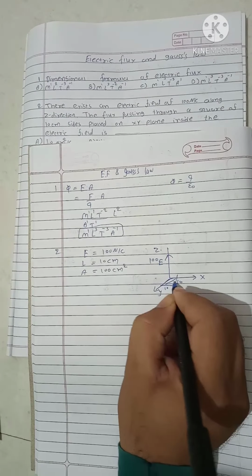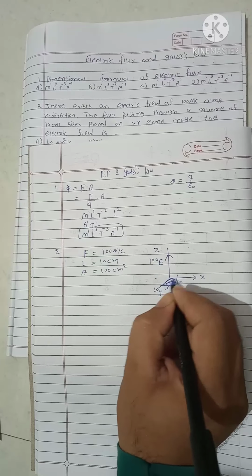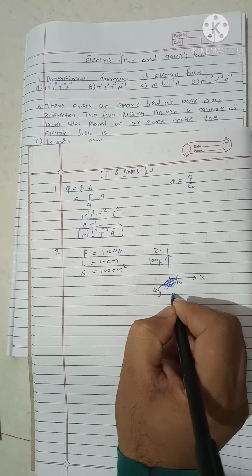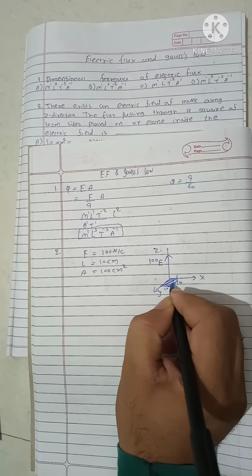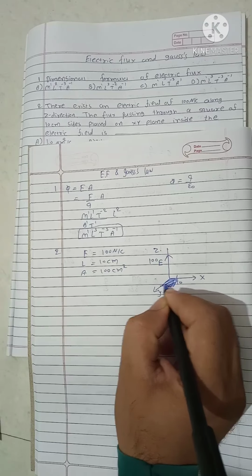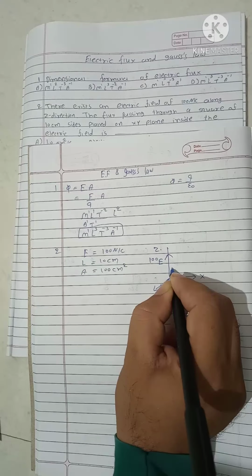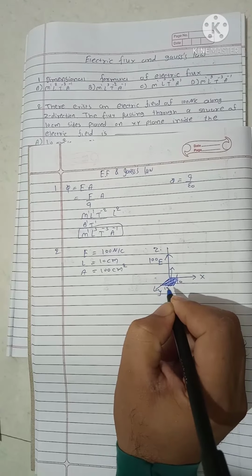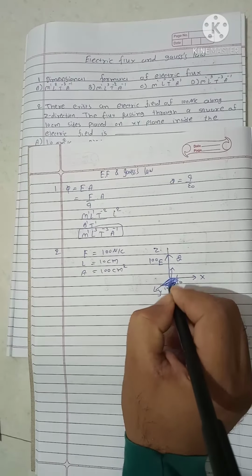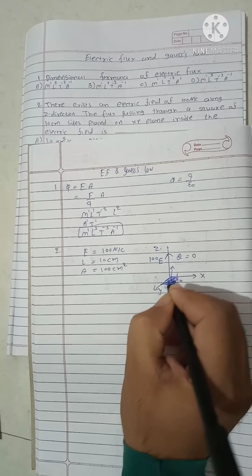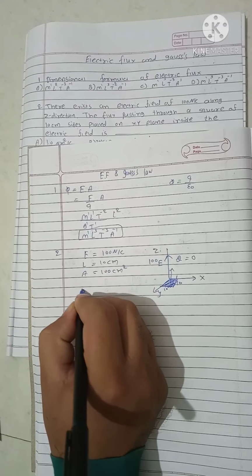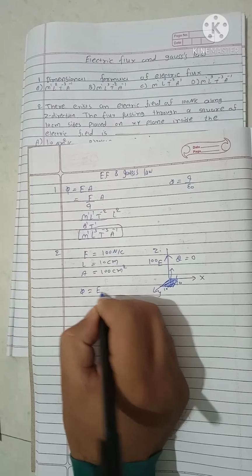So this square is perpendicular to this electric field. The area vector of this square is also in the direction of the z axis, so the angle between electric field and area will be 0, as both are in the same direction. So to find the electric flux, we have the formula E A.